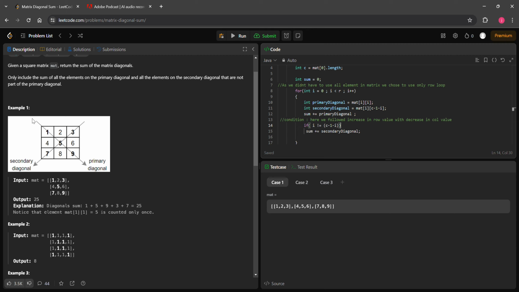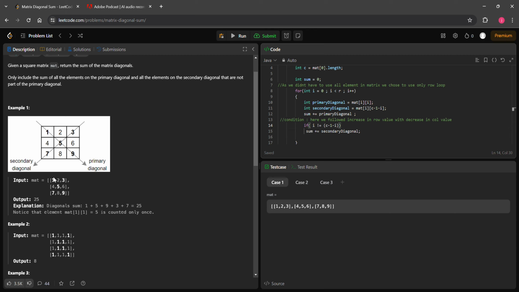Whenever you're trying to solve a problem, look at it properly, understand the question properly, and try to see what is something you can use to solve the problem. In this case, if you see the primary diagonal, the first primary diagonal location is at the 0th row, right?